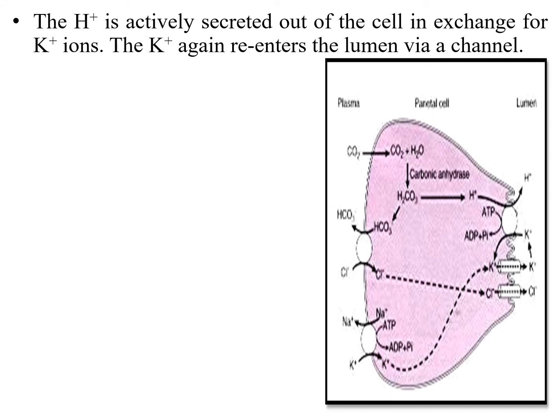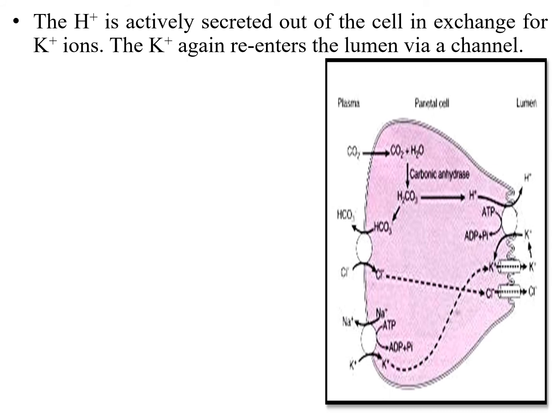In the picture also, in the lower part, you will find a sodium potassium ATPase that is pumping out sodium and taking in potassium continuously and keeping a high concentration of potassium inside the cell already there.